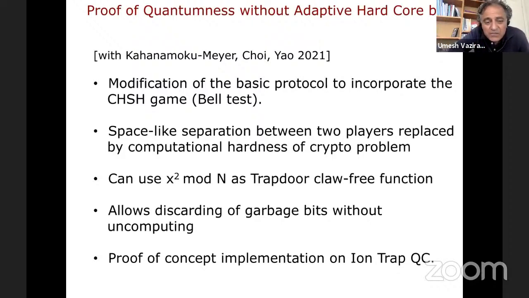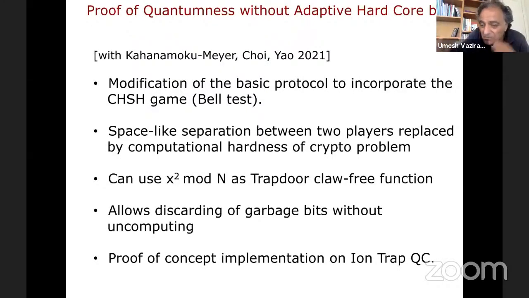So what one can show here is that you can modify this basic protocol, the qubit certification test protocol, to incorporate the CHSH game. Okay, so again, we just have a classical verifier interacting with a single quantum prover, right?